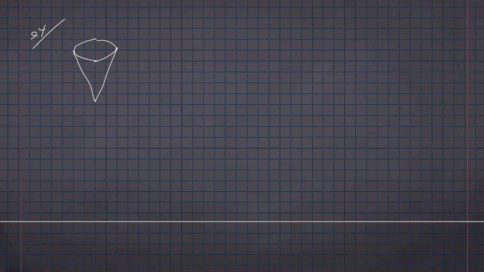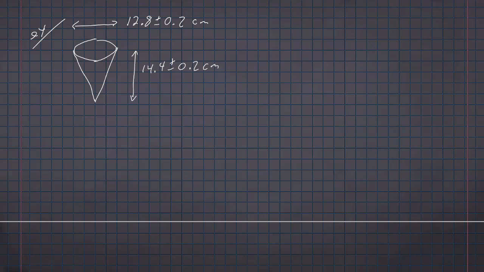I measure the diameter, the distance all the way across the cone, at 12.8 plus or minus 0.2 centimeters. And I measure the height of the cone as 14.4 plus or minus 0.2 centimeters.